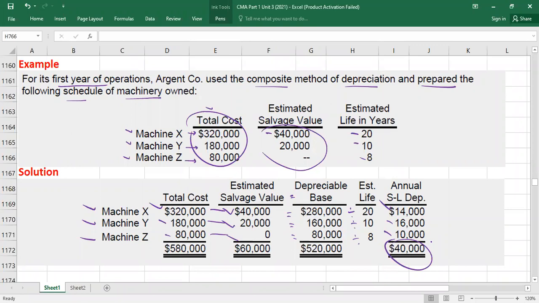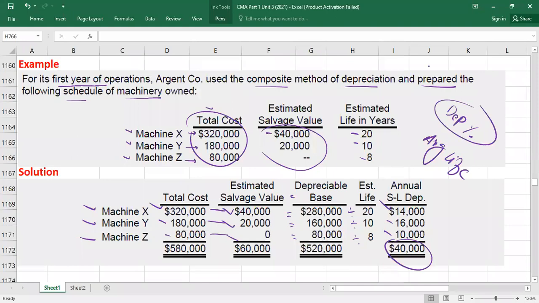From this calculation, I will calculate two things. Initially, I will calculate the depreciation percentage for the whole group. And I have to calculate what should be the average life over which it should be depreciated. Understood? In the first year, you have to calculate these two things. Then calculation will become very easy in future years.